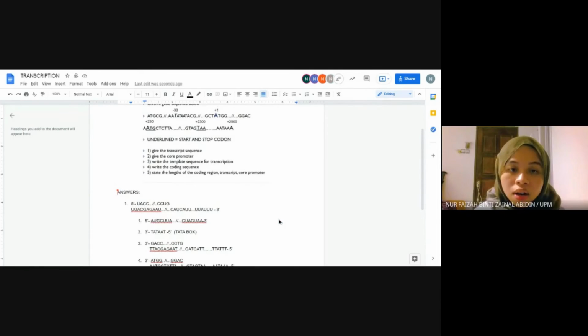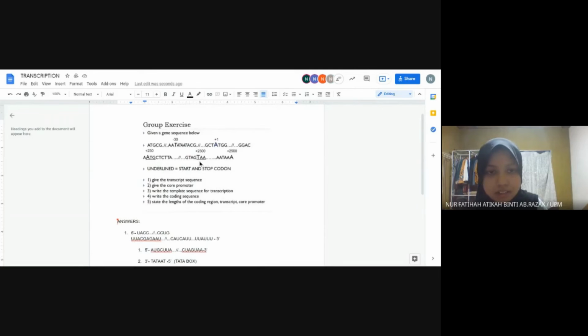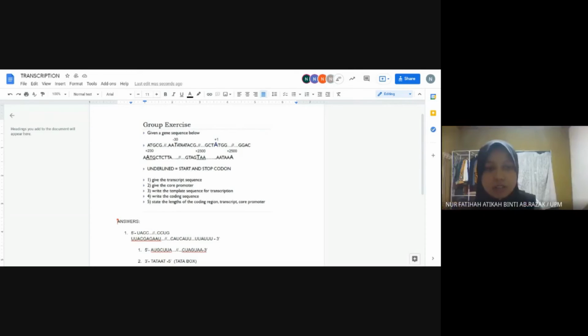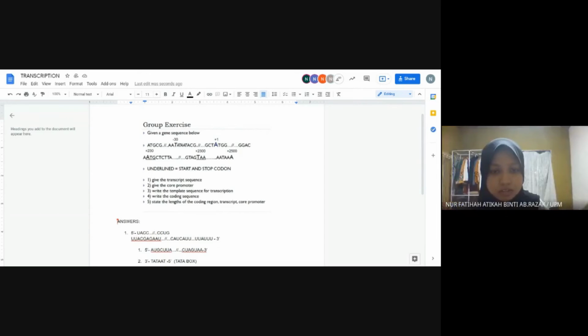How did you get that? Because in the picture, 2300 is at T, and then you still have an A at the back of it, and it's underlined. So is it counted? Oh yeah, I think it's supposed to be counted as well. So I add those two base pairs.